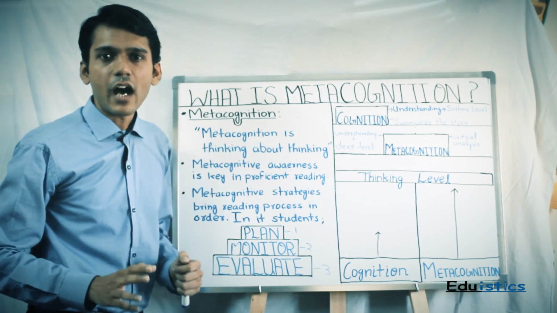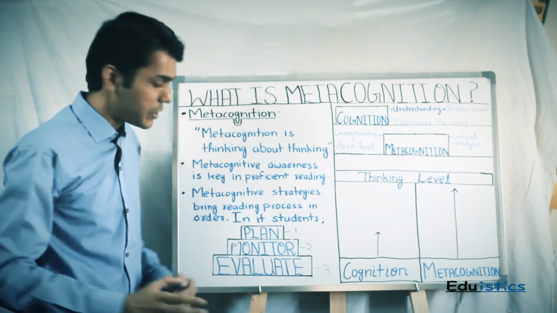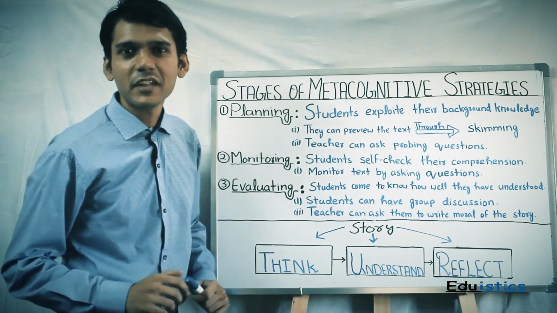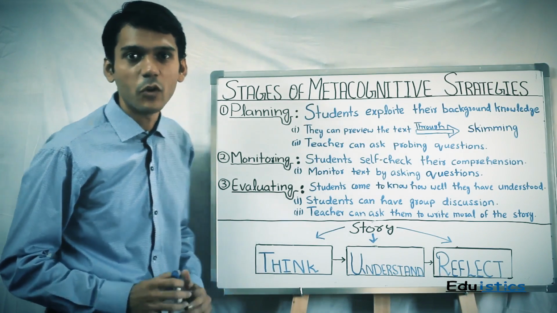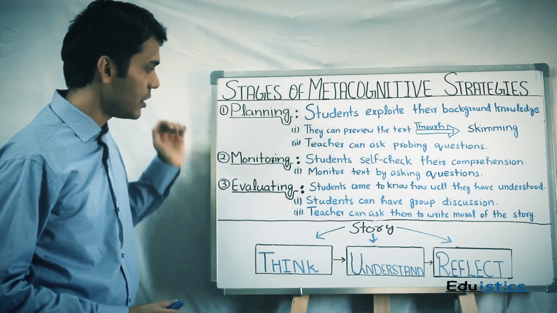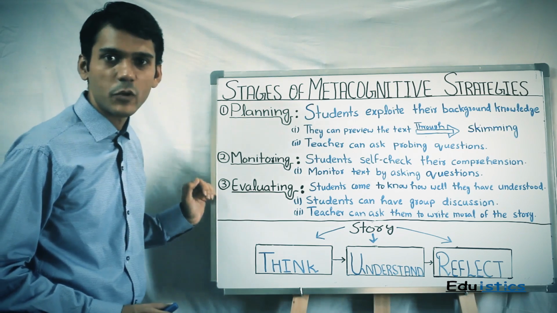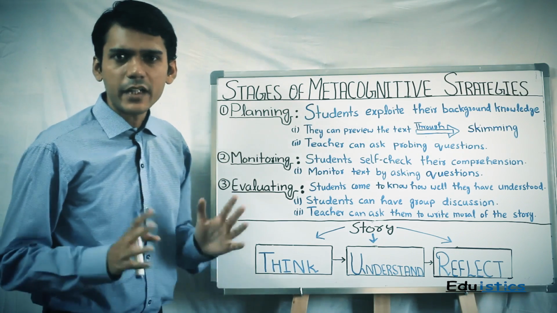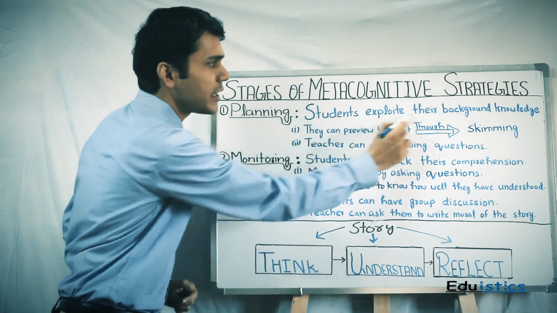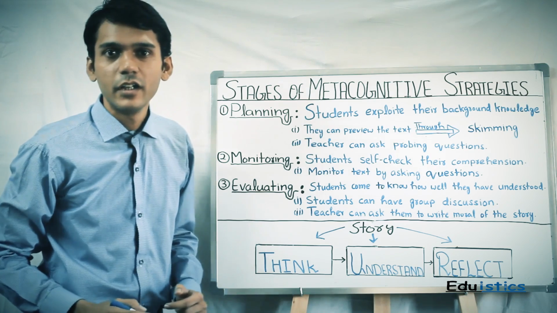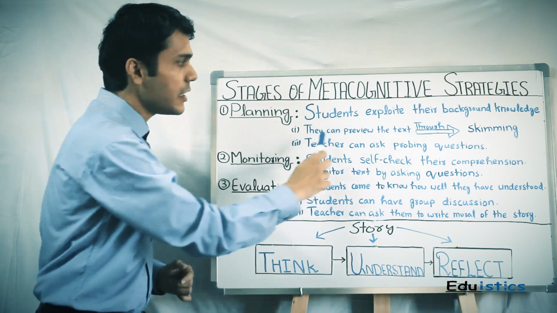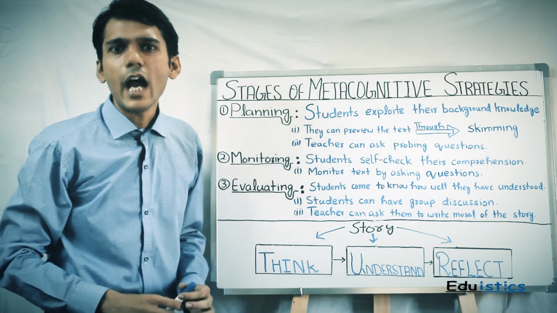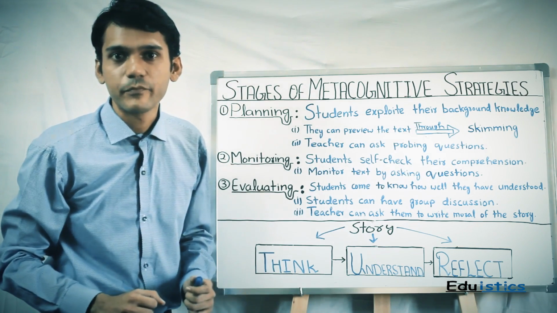Now in the second phase, we will go into the depth of these stages. To become a successful reader, students must follow these steps: planning, monitoring, and then evaluating. First we will look at planning. At this stage, students exploit their background knowledge. In order to do this, they can preview the text through skimming, which means having a glance at main ideas.